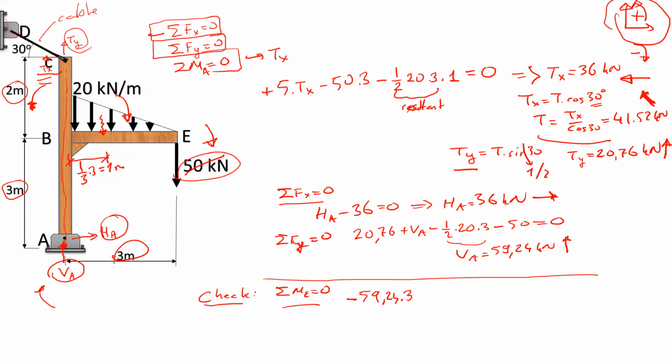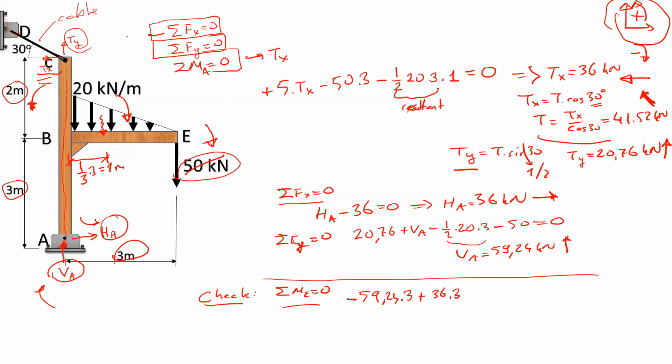We have a moment contribution for the horizontal support reaction at A, HA, and HA is rotating the system in the counterclockwise direction, so it should be a positive contribution. And 36 times 3 meters, which is the vertical distance between HA and point E. And what else we have?